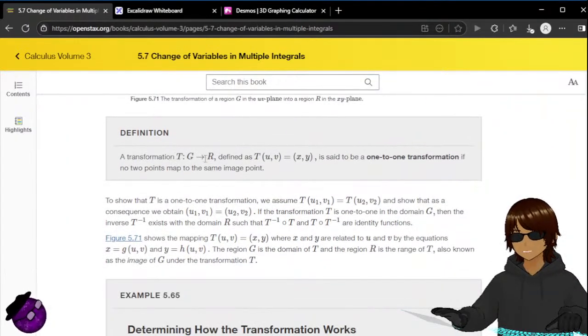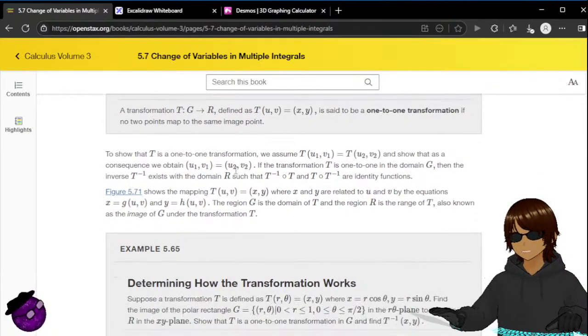A transformation defined as T(u,v) = (x,y) is said to be a one-to-one transformation if no two points map to the same image point. To show that T is one-to-one, we assume T(u1,v1) = T(u2,v2), and show that as a consequence we obtain (u1,v1) = (u2,v2).